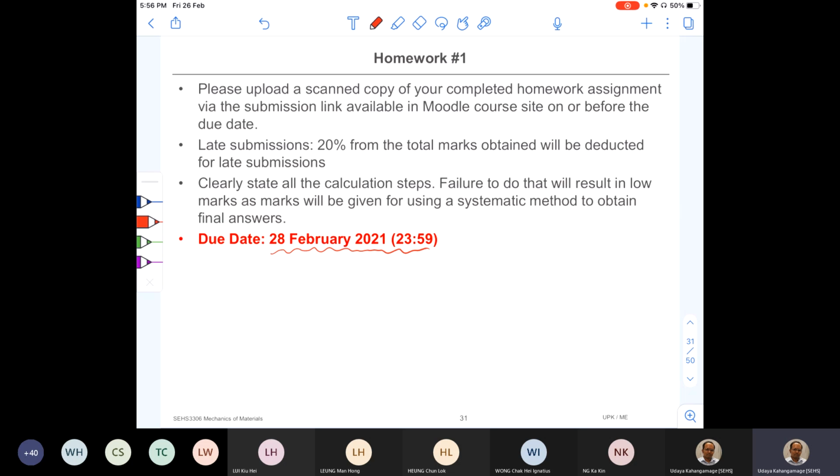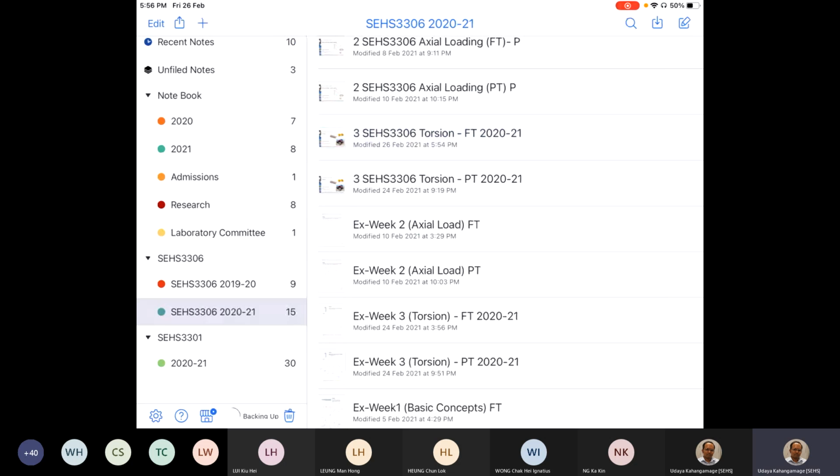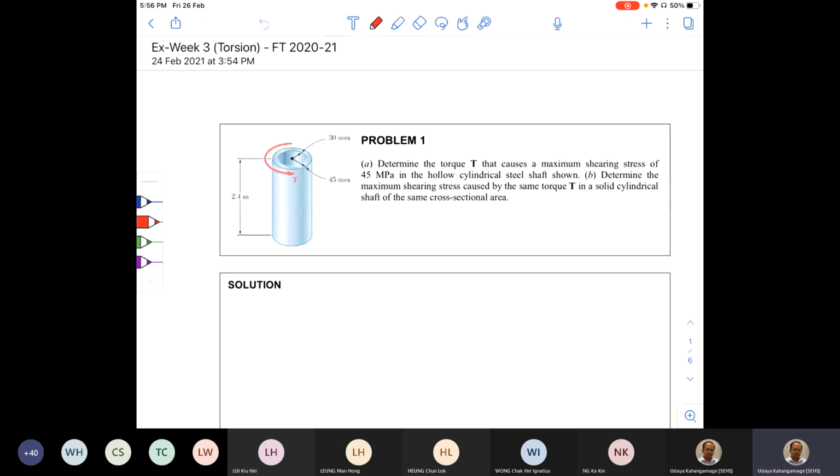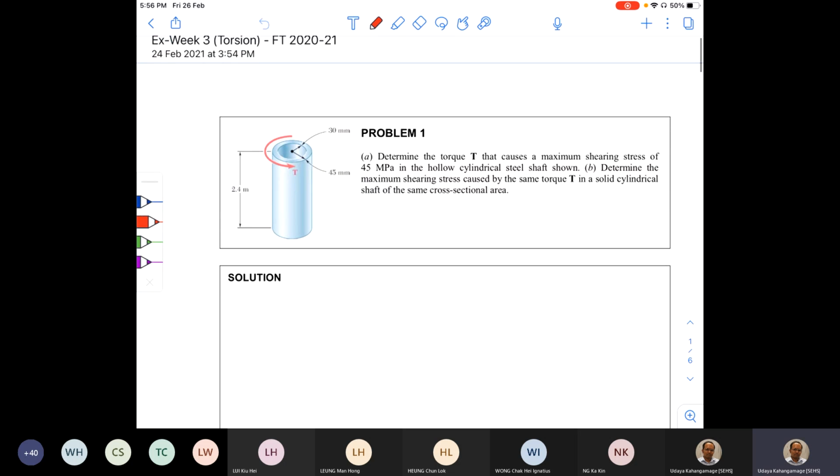Right. So let's work out a few questions from the exercises. Take that exercise sheet first. It is for week number 4, Torsion. I hope you have this one with you now.